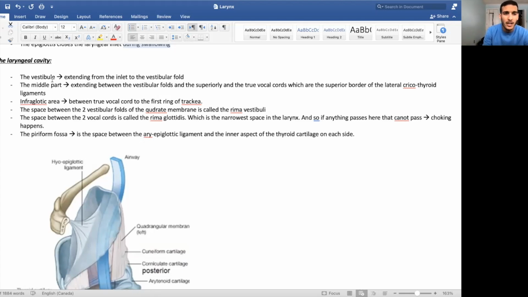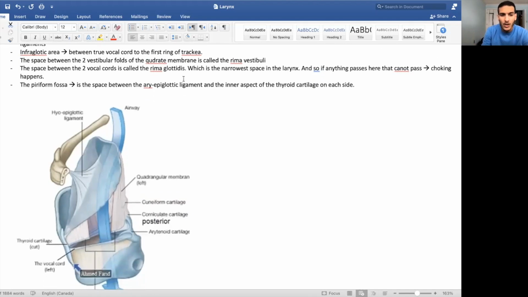The vestibule extends from the inlet to the vestibular folds. So what are the vestibular folds? They are the false vocal cords, the inferior aspects of the quadrate membrane. So all of this part is called the vestibule, and that is the first part of the laryngeal cavity.